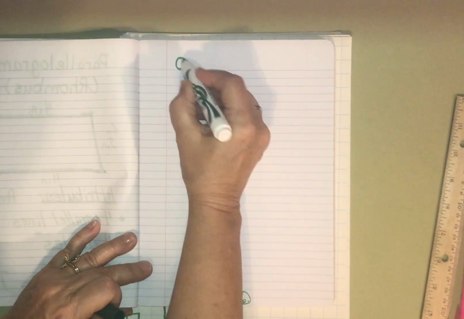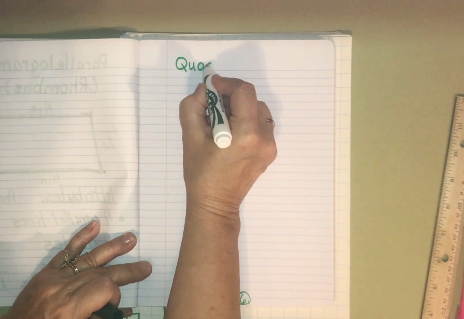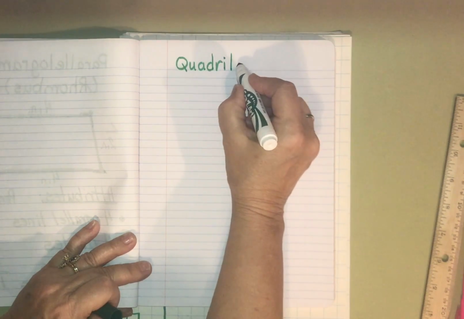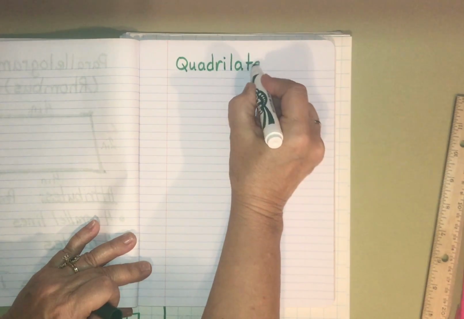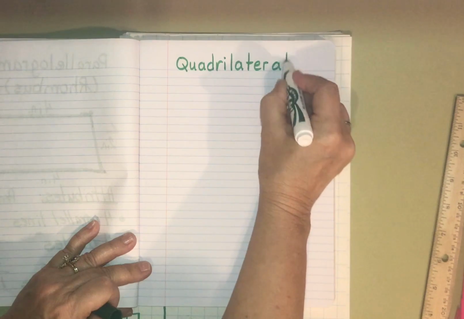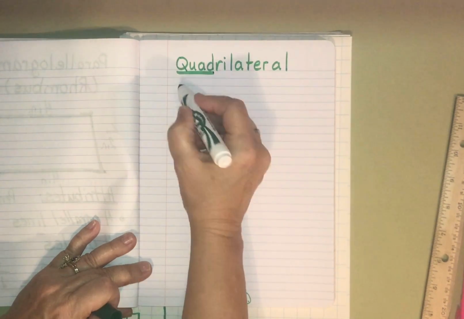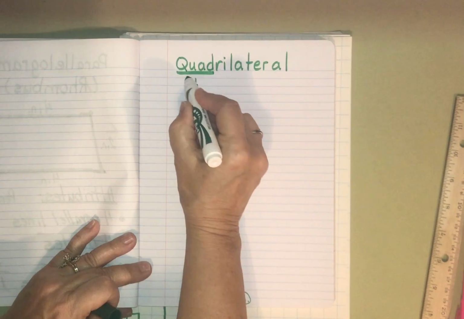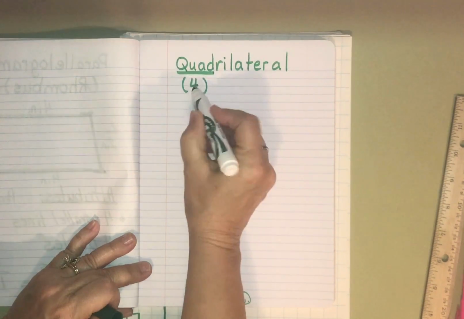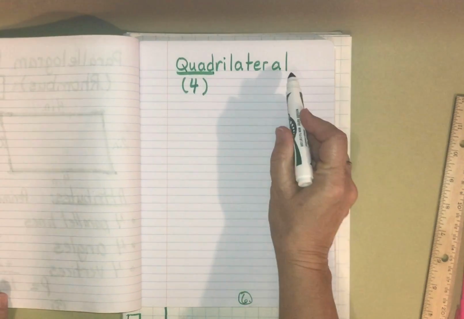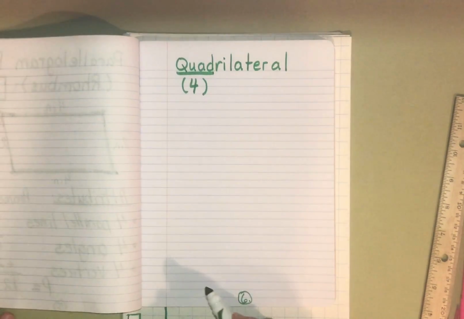Write our title, quadrilateral, and then underline the part of the word, quad, because quad means 4. Okay, and that's important for what we're doing today, because quadrilaterals all have 4 sides.